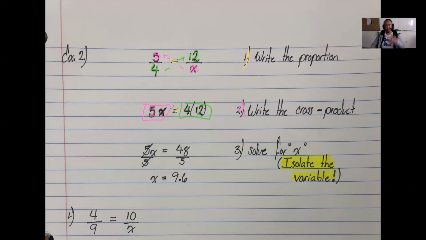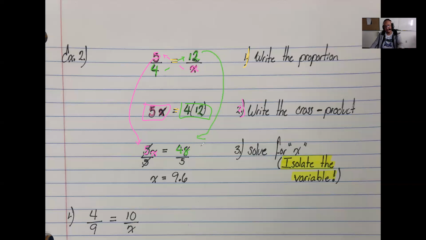When I do that, 5 times x is just 5x, and 4 times 12 is 48. So you can see all I did is I rewrote the cross products. 5x is right here, and then 4 times 12, the answer to that is 48.